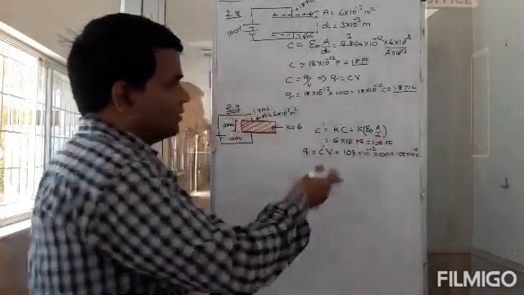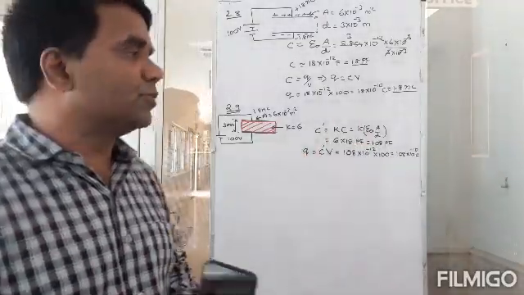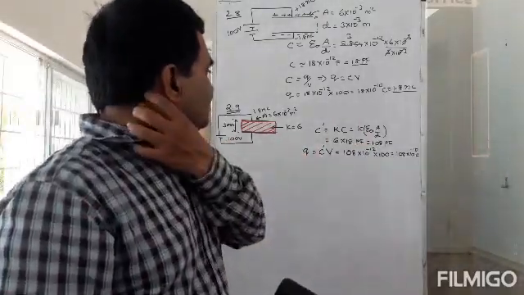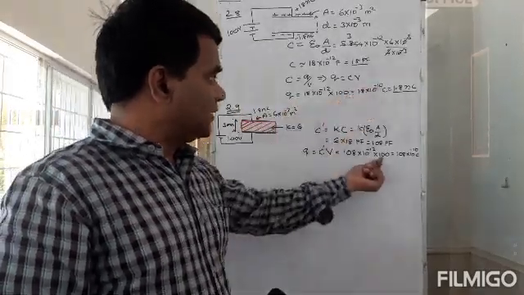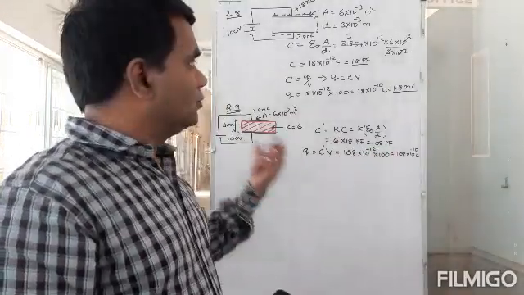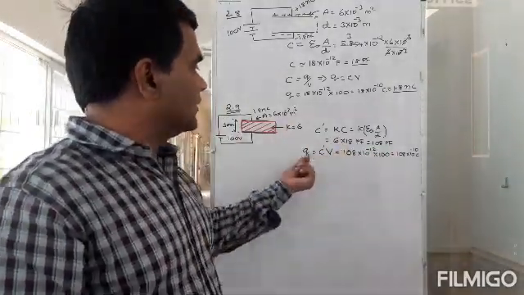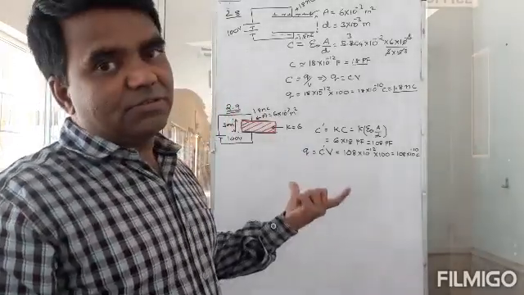Or you can say 1.08 into 10 power minus 8 coulomb. That manipulation is up to you. You notice that from 18 into 10 power minus 10, it has become 108. So you can clearly see that the charge itself has increased 6 times.